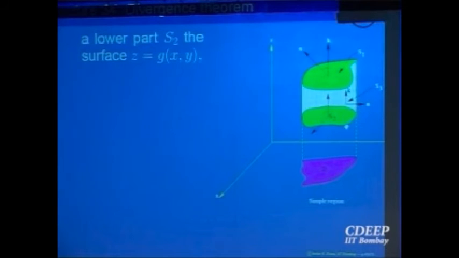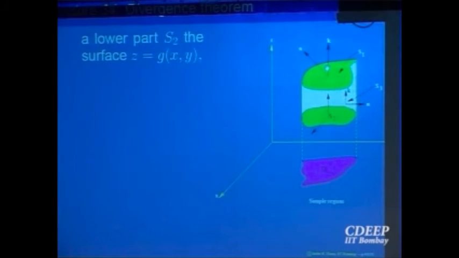The sides will be like those vertical lines in Green's theorem, so it will be some cylindrical thing. So this domain will have three surfaces as boundary. The boundary of the region G, the surface S, splits into three parts: one is the side, one is the bottom, one is the top.